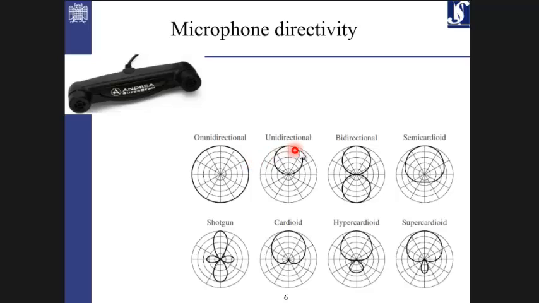But we have unidirectional, bidirectional, semi-cardioid, and many other types of microphones, and it depends on which one we are using. But for our specific theoretical case, we normally consider the microphones to be omnidirectional, and that's actually the worst case for the processing.